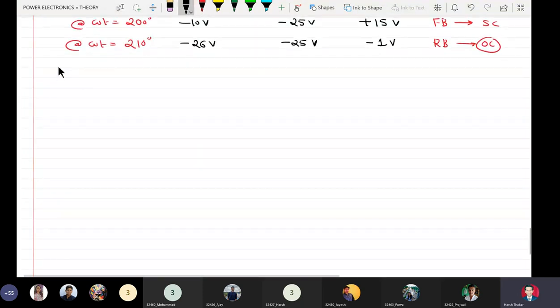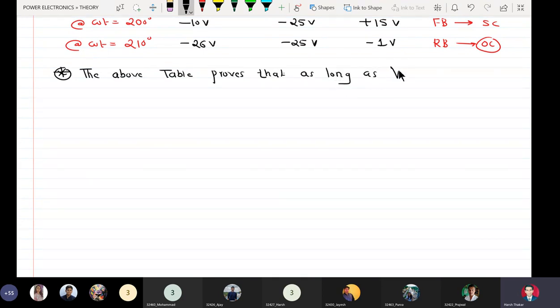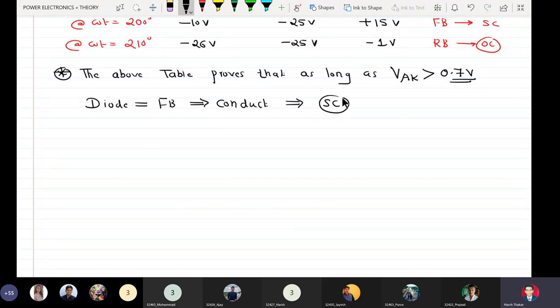So yes, this is the final step. The above table proves that as long as the potential across the diode is greater than 0.7 volts, diode will be forward biased, it will conduct, it will act as short circuit.